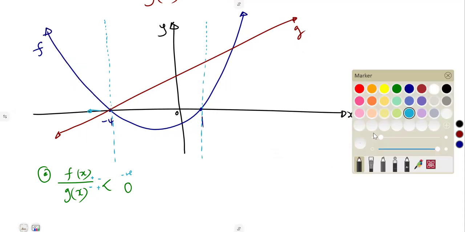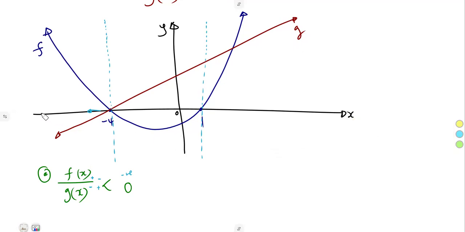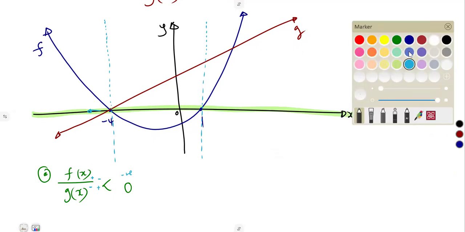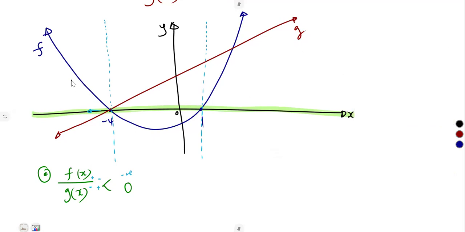Remember, according to the x-axis, what is above is positive. So f is positive since it is above, and our g is found below, which is negative. This is exactly what we want: a positive divided by a negative gives us a negative. So this region satisfies our solution.